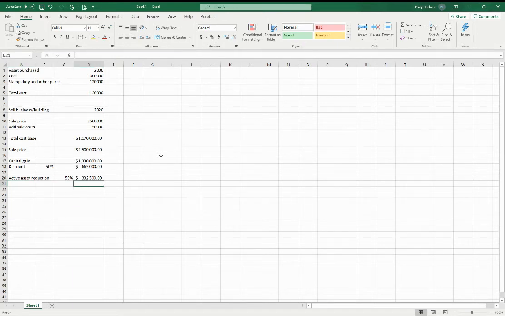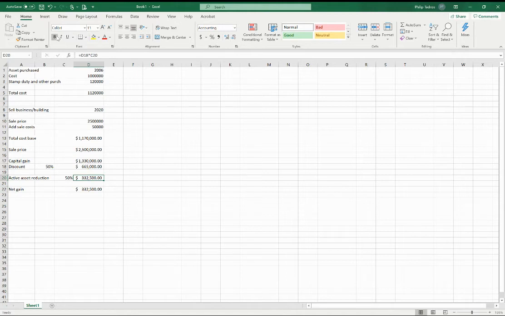That brings your net gain now down to $332,500. And that's the assessable gain. So the net gain is equal 665 minus 332.